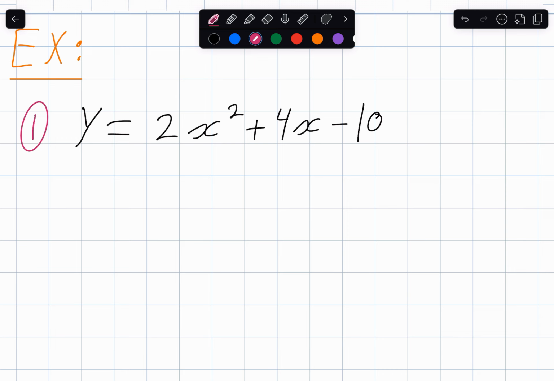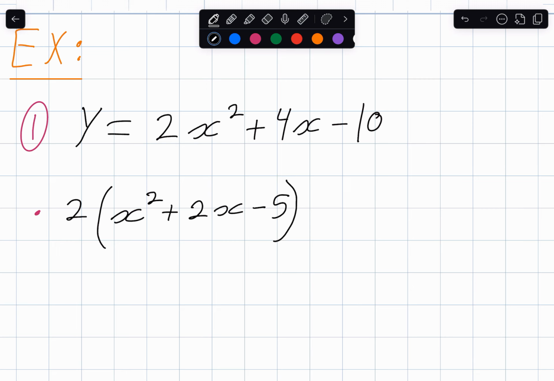So here is an exercise that we have. Our first step is to factor out the first coefficient, and the first coefficient is 2. So if we are going to factor out 2, we need to divide everything by 2. So we are going to have x squared plus 2x minus 5.